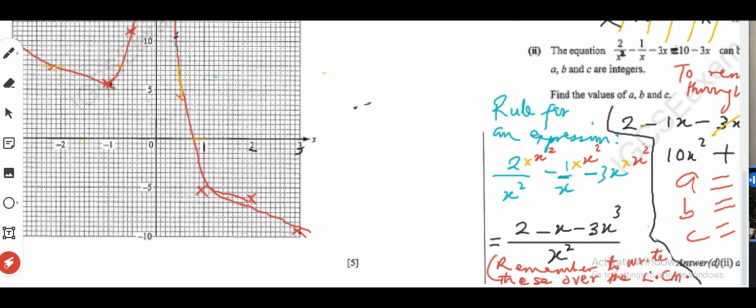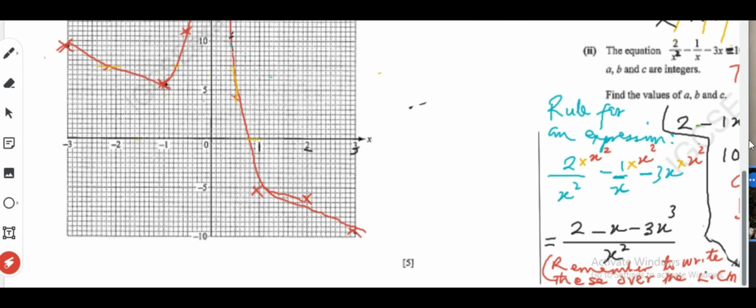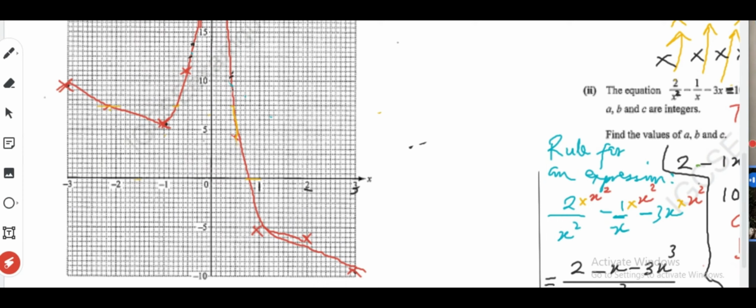Can you draw the line of y equal to 0 on this graph? Yeah. Okay, go ahead. Good. That's the line of y equal to 0.